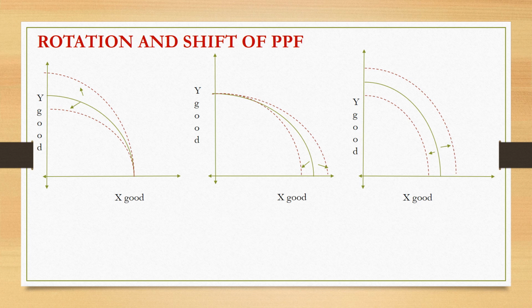Now, if a technique of production is upgraded and it leads to an increase in the production of good Y, then the curve will rotate clockwise, to the right side. And if there is degradation of technology and that leads to decreasing production of good Y, then the curve will rotate anti-clockwise, that is, to the left side.